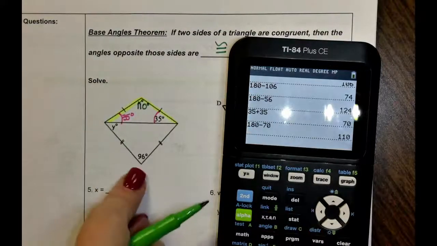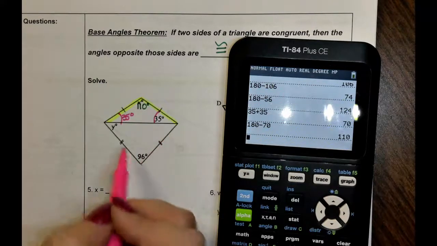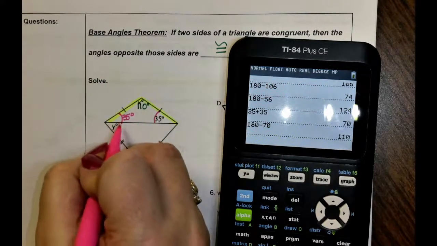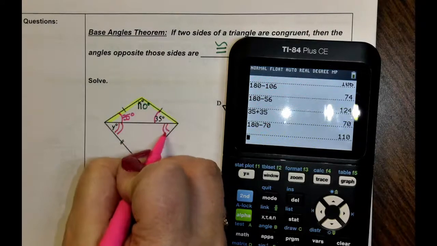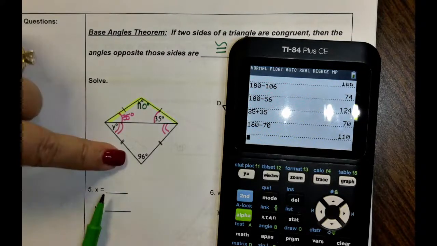So now I have to figure out how to get this one. Now again, if these two sides are congruent, then this angle is congruent to this angle. They're not the same as the other angles, so I marked them a little bit differently. Now, I've used up 96 degrees.